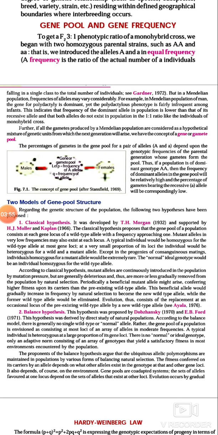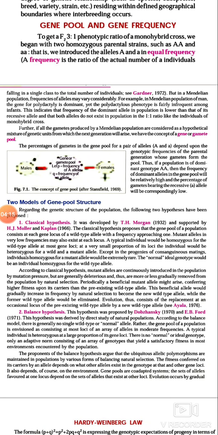Thus, if a population is of dominant genotype capital A, then the frequency of dominant alleles in the gene pool will be relatively high and the percentage of gametes bearing the recessive small a allele will be correspondingly low.